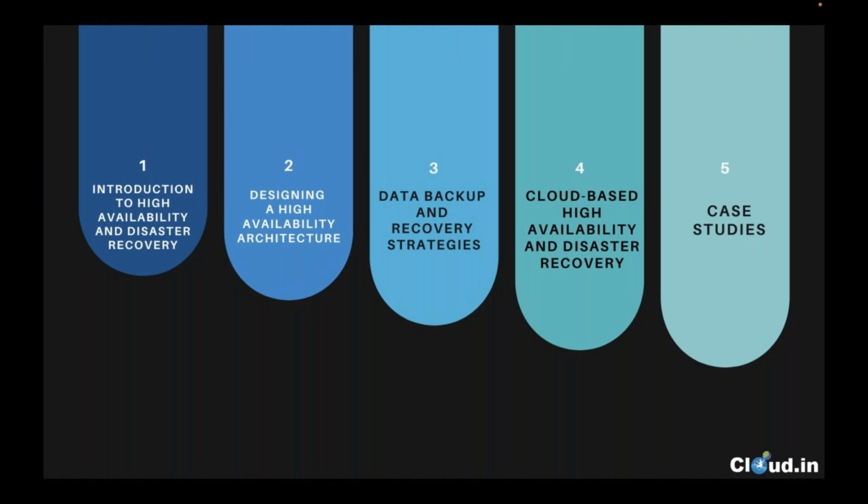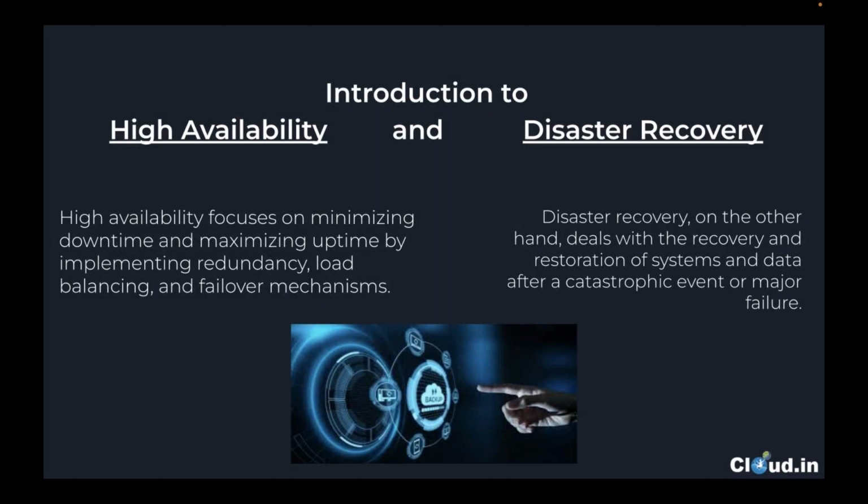So let's move on. Now let us first understand what high availability exactly means. Here, as you can see, high availability focuses on minimizing the downtime and maximizing the uptime by implementing redundancy, load balancing, and failover mechanisms.